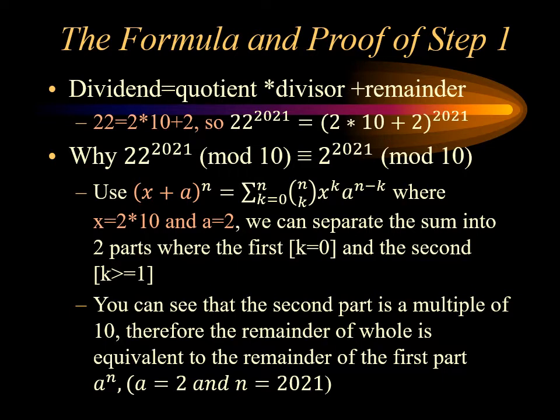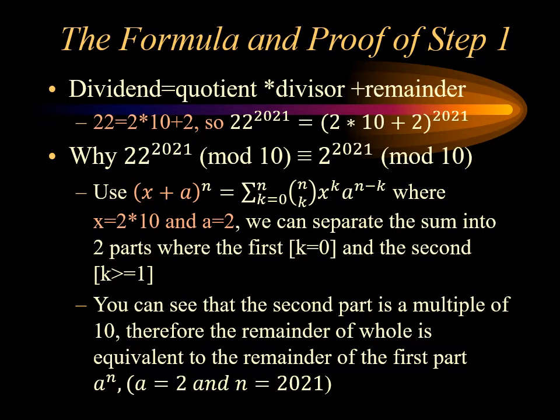Because k is greater than or equal to 1, k is the power of 10 in those cases. So you can see that all the 2021 terms that have the 10 in them are multiples of 10, right?